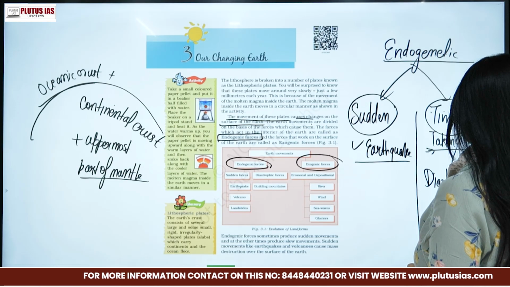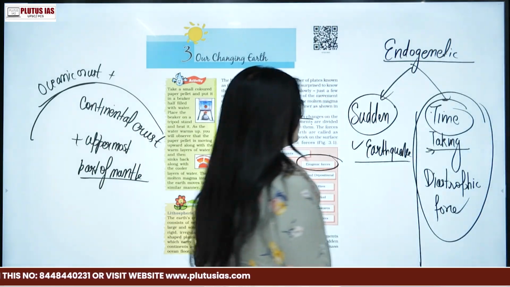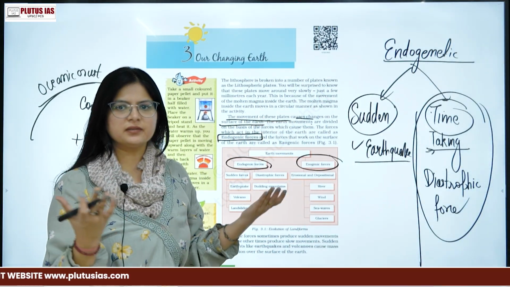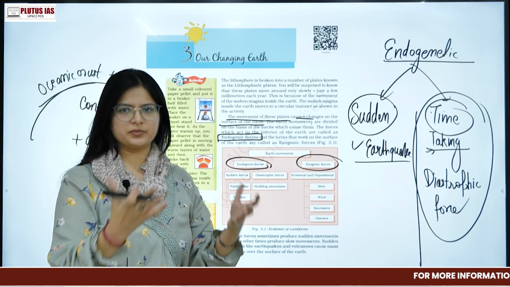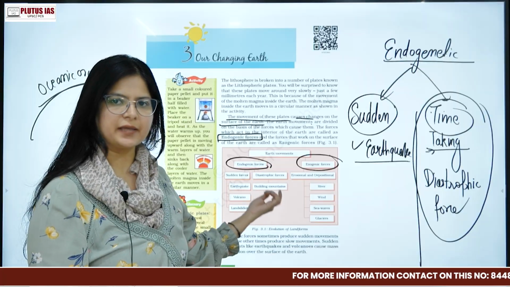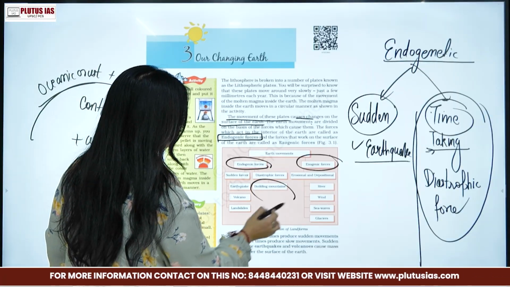These diastrophic forces take time and they are invisible. For example, mountain building. When we talk about orogenic forces, which are helpful in the building of mountains, they are known as diastrophic forces, which are responsible for building mountains.